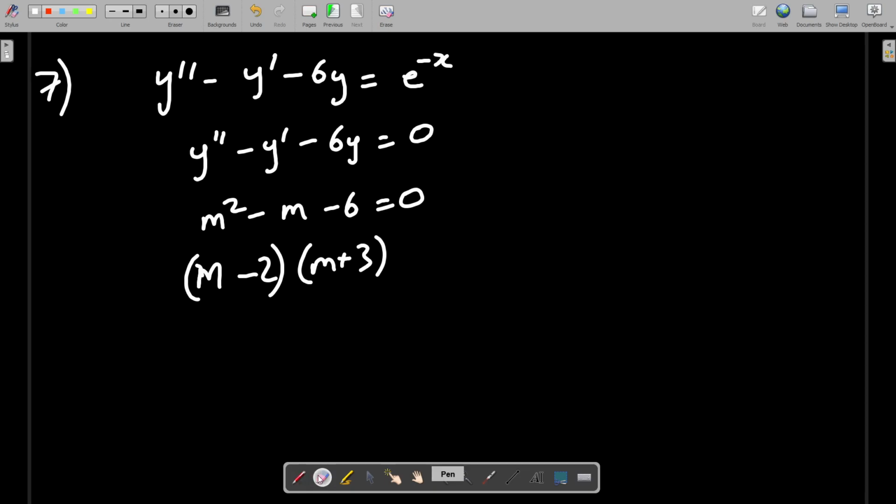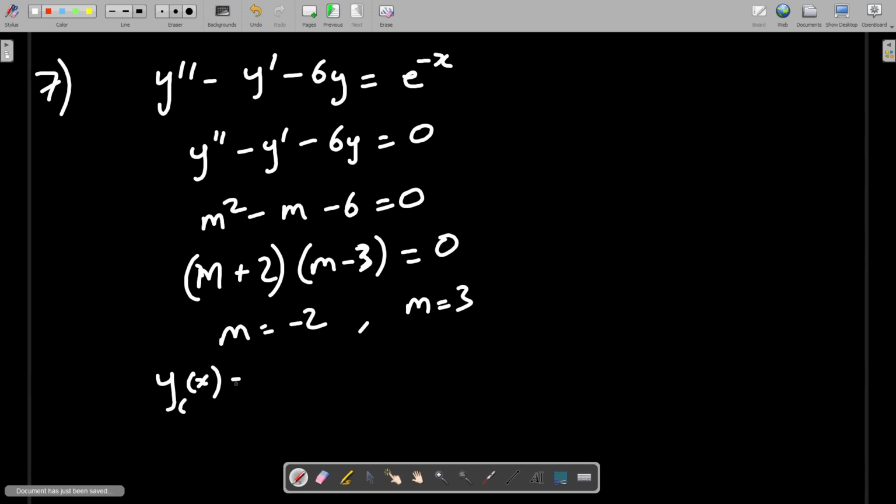No, it doesn't work. Sorry, it's the other way around. Plus 2 minus 3. Okay, so your m is equal to minus 2 and m is equal to plus 3. So yc will be equal to c1 times e raised to minus 2x and c2 times e raised to plus 3x.